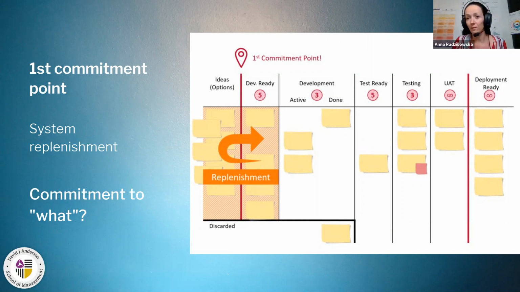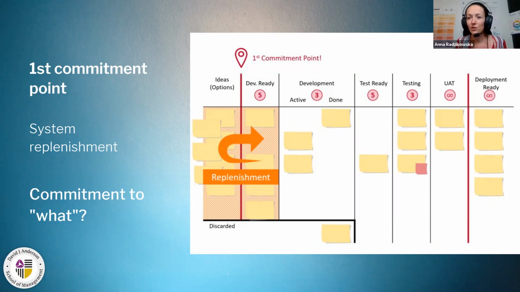We know that we are able to deliver it, that it's technically feasible to deliver it, and we are not going to abort your item after we start work on it. So this is very important about commitment in the Kanban, that it's two-sided commitment. Not only delivery commits to delivery, but also upstream. So the customer commits to the scope of work.